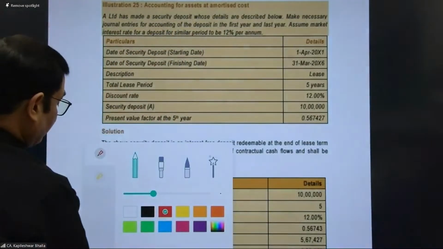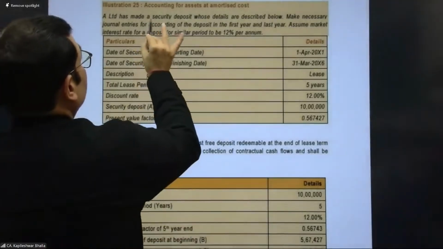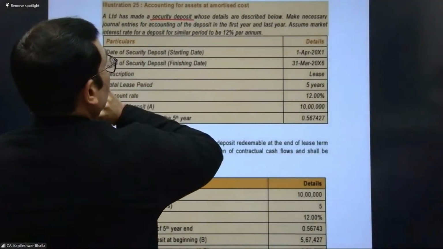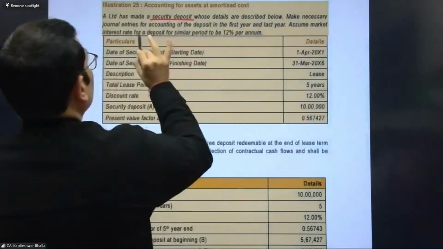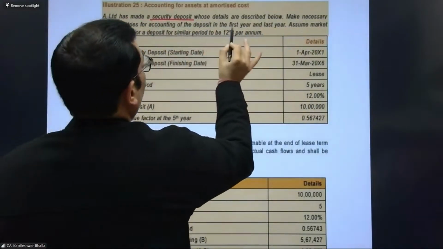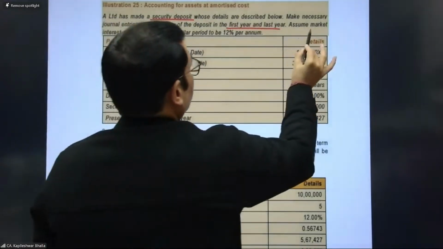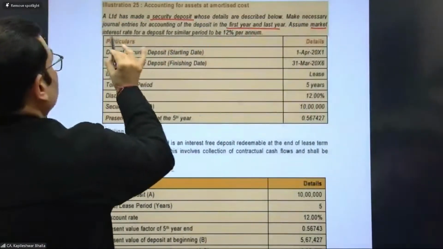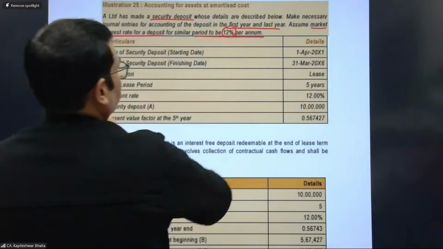Illustration number 25 of unit number 2. It says A made a security deposit whose details are given. Make necessary entries for accounting for the deposit in the first year and in the last year. Assume the market rate of interest for a deposit of a similar period is 12%.